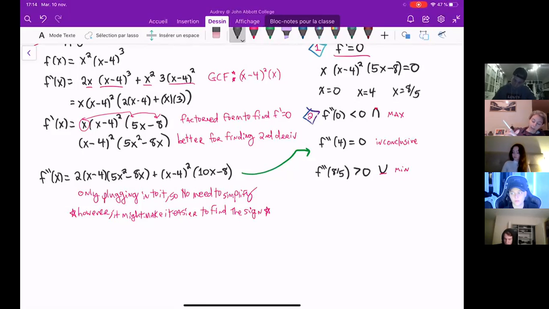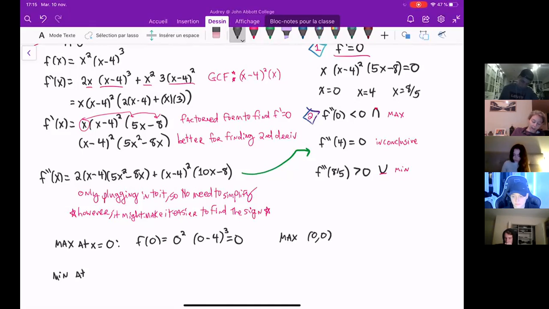So here we have a max at x equals 0, which we want to plug in. So I plug in 0 and I get 0 squared times (0 minus 4) cubed, which is just 0. So my max is (0, 0). And then I have a min at x equals 8/5.